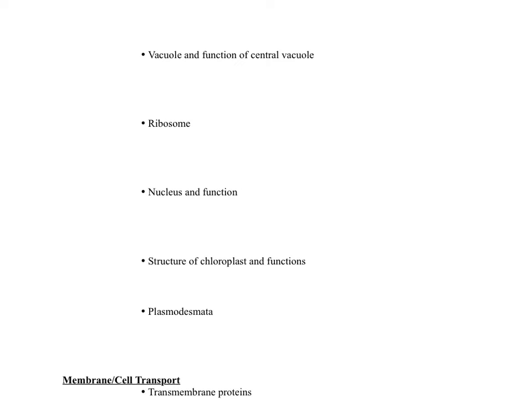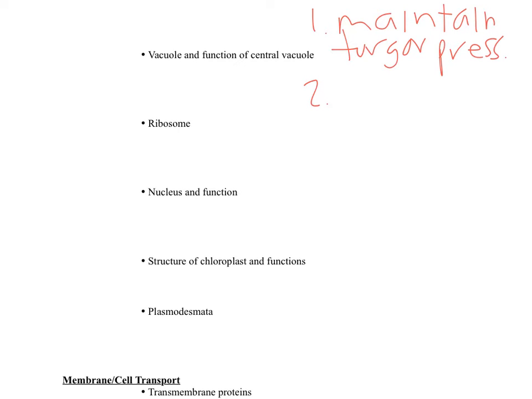Okay, for vacuole, plant vacuoles in particular have many, many functions. They help maintain the turgor pressure to help that plant stay upright. Another function that a central vacuole will do is storage of water, which we talked about in class.